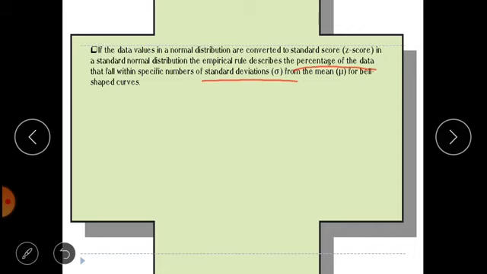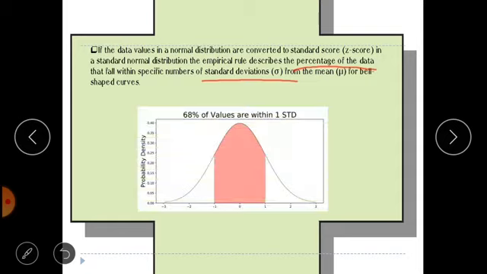So, yung first empirical rule natin, which is 68%. Ayan, ganyan yung itsura. Nasa gitna ng mean. So, yung 68% of values are within the first or yung 1 STD, yung standard deviation natin.